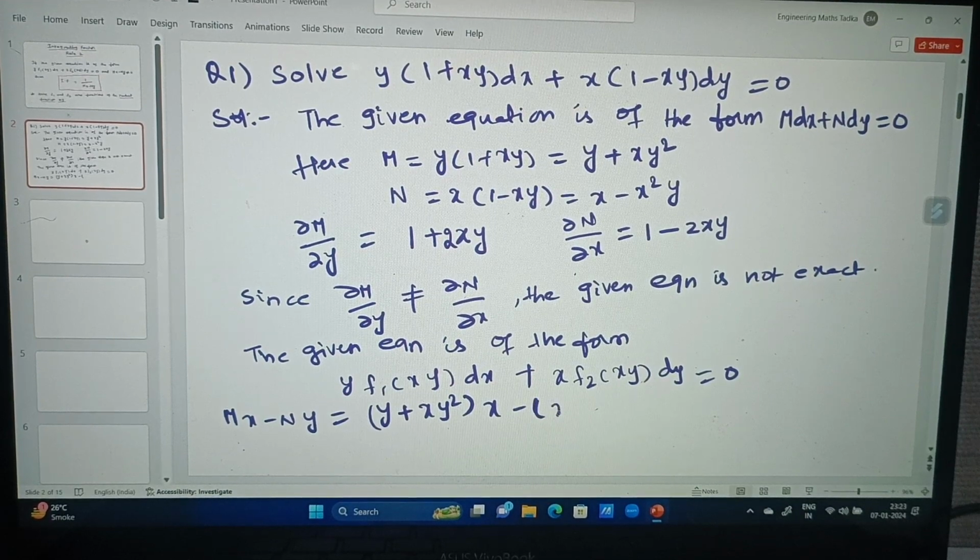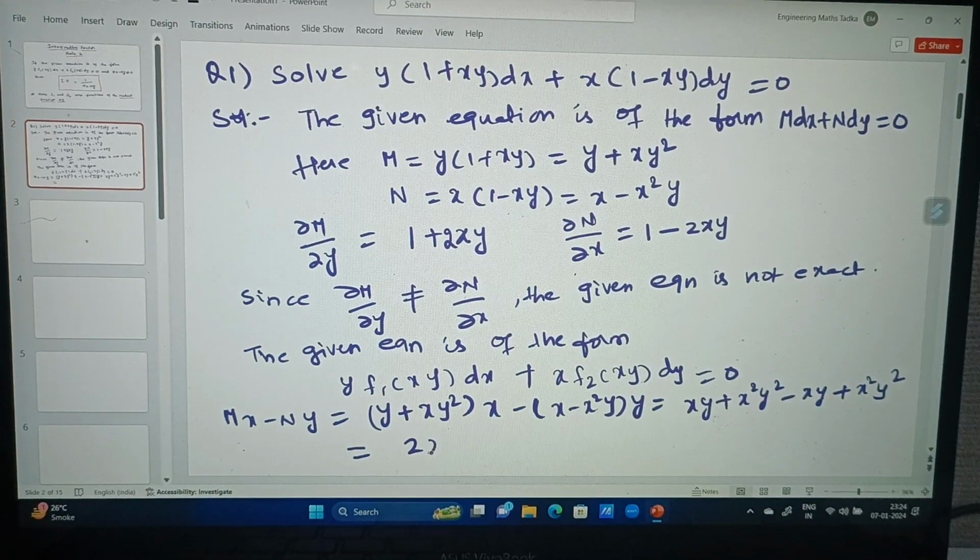So what is it? x plus x square y into y, which can further be simplified as xy plus x square y square minus xy plus x square y square. Plus xy and minus xy is getting cancelled. So you got the value of Mx minus Ny as 2x square y square, which is not equal to 0.